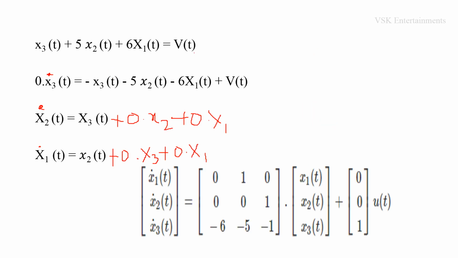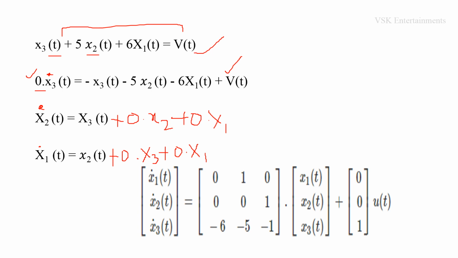This is the resultant equation after substituting x2 and x3. Now consider the third state vector, that is x3 dot of t, and we can move all these terms to the right side. Then this equation becomes the third state vector equation.